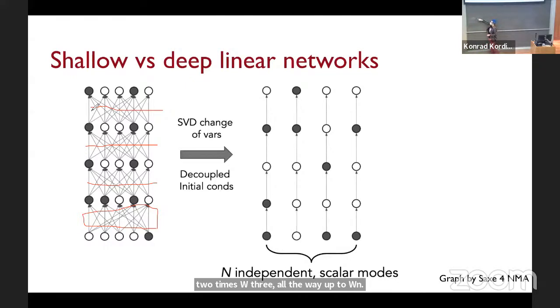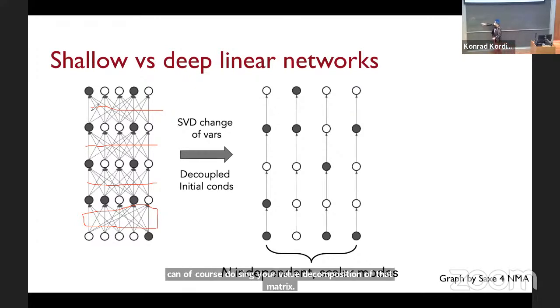So the whole network on the left-hand side can be rewritten by bracketing all these together as V times X. Therefore, this is just a matrix multiplication. Now, this matrix V, I can, of course, do singular value decomposition of that matrix.